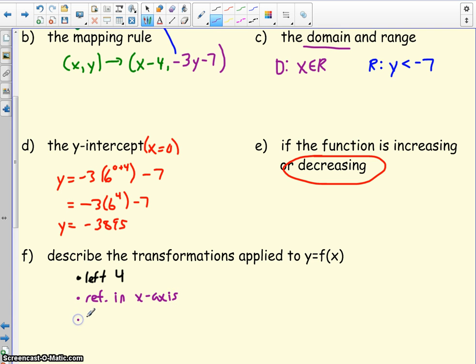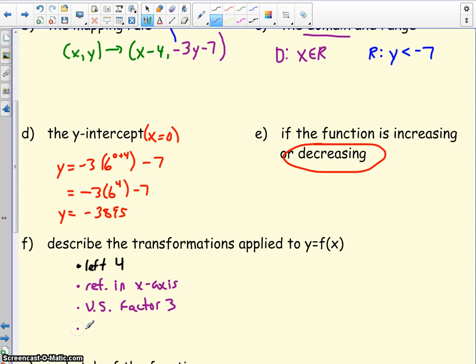Okay, the 3 is a vertical stretch. That's going to be factor 3. And that minus 7 is a vertical translation. So we're just going to say it's going down 7.